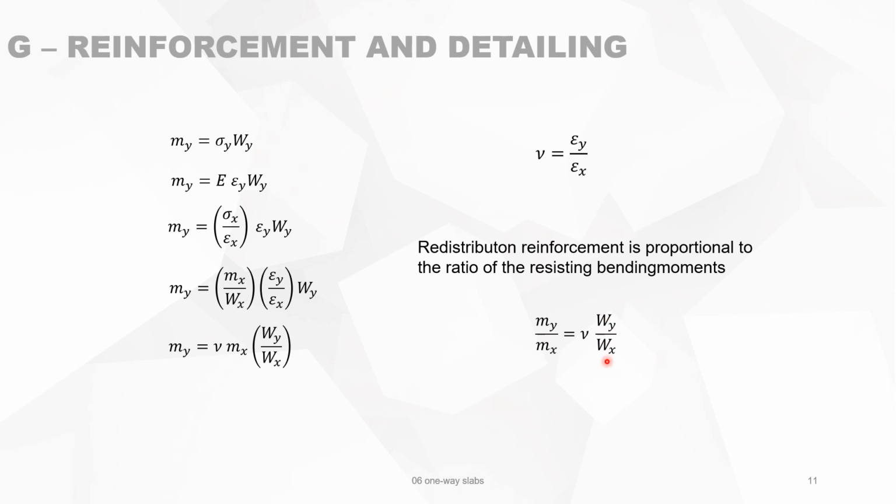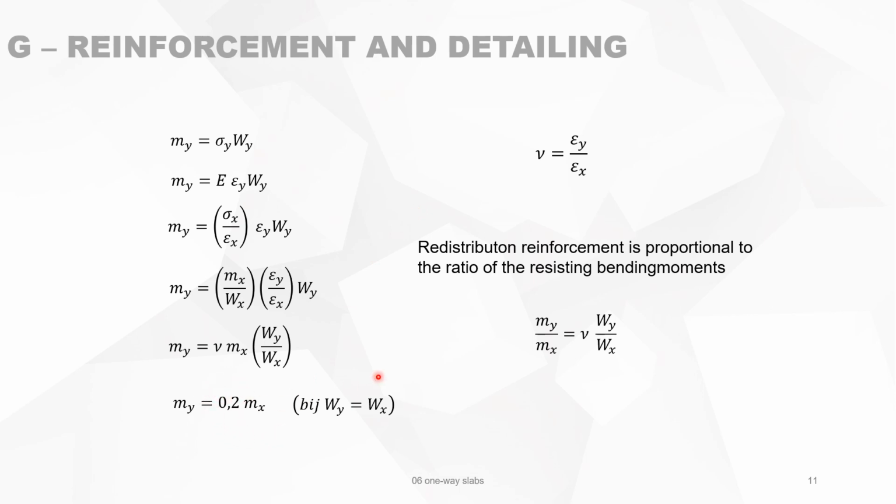And when the resisting bending moments are equal to each other, then obviously the proportion of the bending moments in x and y direction is equal to the Poisson coefficient, which means 0.2, which is 1/5. That's where the 20% is coming from.